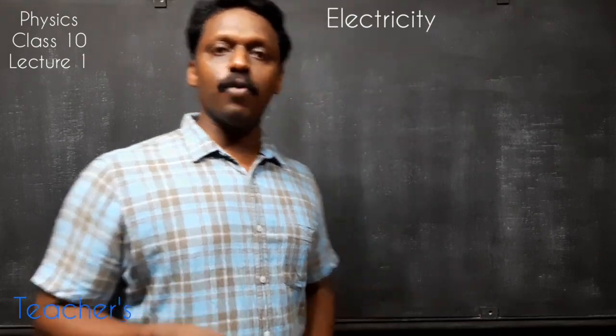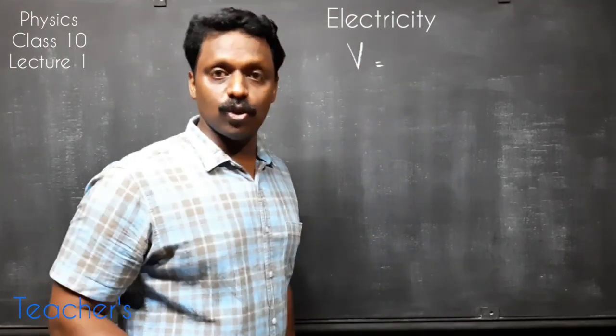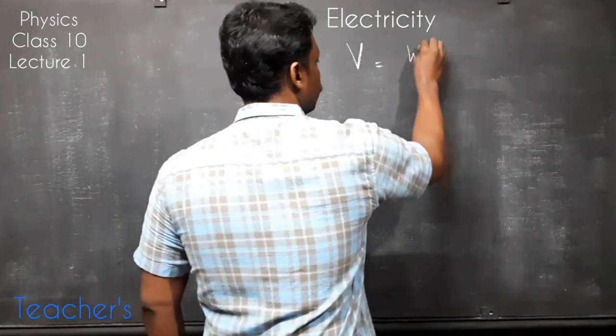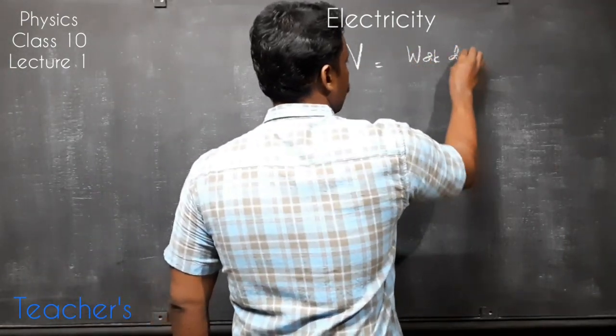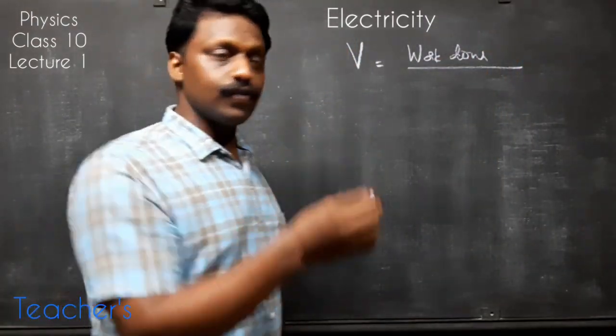So electric potential difference denoted by V is equal to work done divided by the quantity of charge moved.